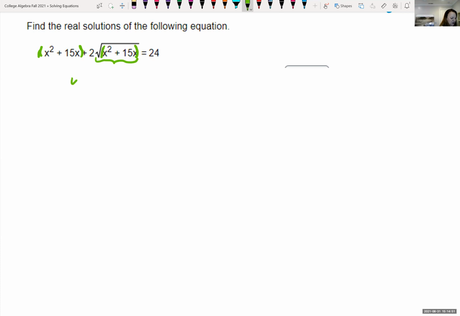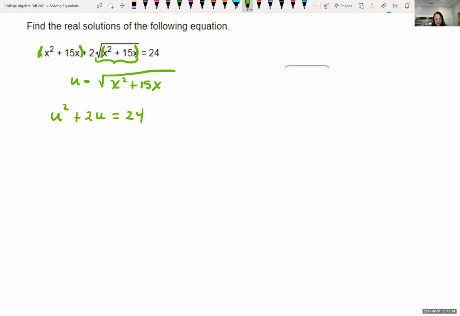So let's choose u to equal the square root of x squared plus 15x. So basically, in order to get this piece without the square root, we're going to be squaring it. So this piece in here is u squared. Then we have plus 2 times what we chose u to be. So 2 times u equals 24.